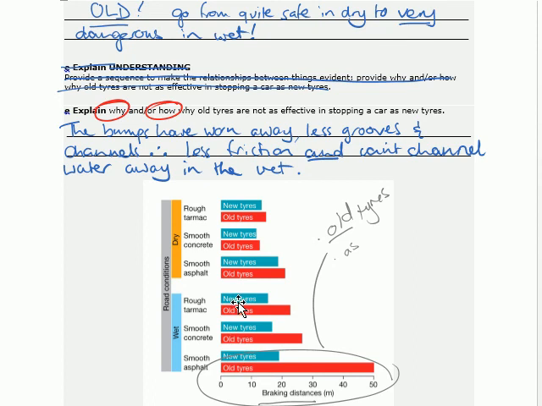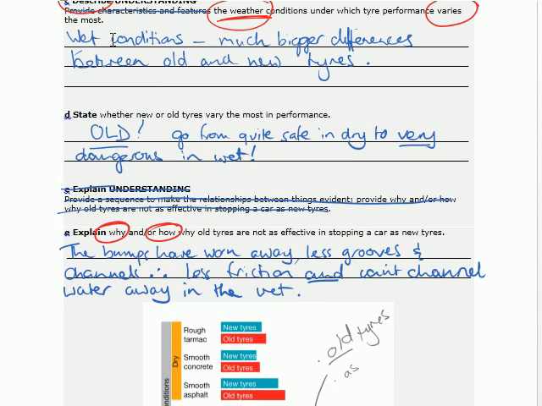Even here, there's more difference, but still not that much. Here, you've got huge difference. But we're not asking about the road surface. We're asking about whether the difference is greater in the wet or in the dry. So it's quite obvious that the difference is much, much bigger in the wet. Right, wet conditions, much bigger differences.